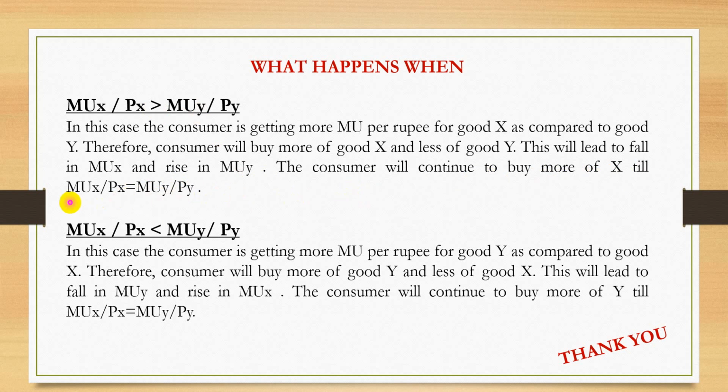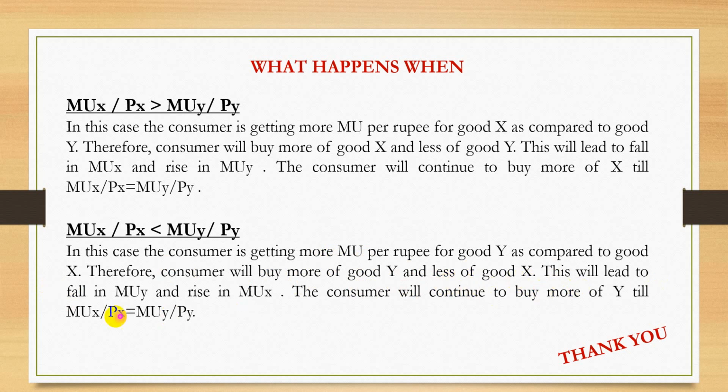The other situation is what? At the level of consumption, when marginal utility of X divided by price of X is less than marginal utility of Y divided by price of Y. In this case, it is clear that the consumer is getting more marginal utility per rupee for good Y as compared to good X. Therefore, consumer will buy more of good Y and less of good X. And if it happens, purchasing more of good Y means MU will decrease, and you are purchasing less of good X, so MU of X will increase.